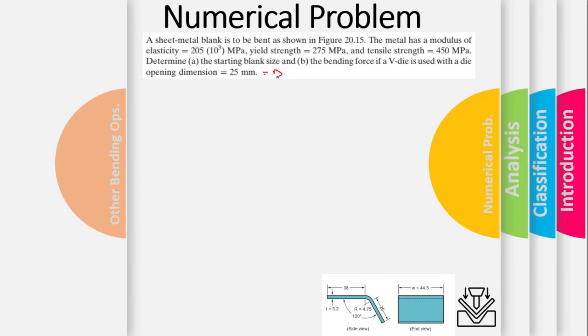This is the D. In this figure, we have the dimensions 38 on this side, 25 on this side. We have an included angle of 120 degrees, so obviously the remaining angle is 60 degrees, and we have the stock thickness of 3.2 millimeters, and the width of the sheet is 44.5, right?